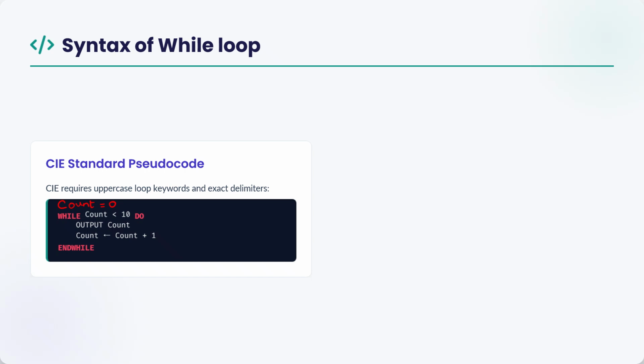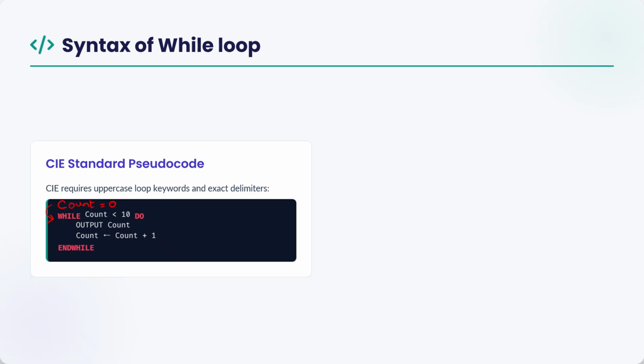As soon as the value reaches 10, it is going to come out of the loop. So let's run this program for once. Initially, the value of count is 0, so it will move to the next line where it will look at the condition. The condition says count should be less than 10. Yes, count is less than 10.